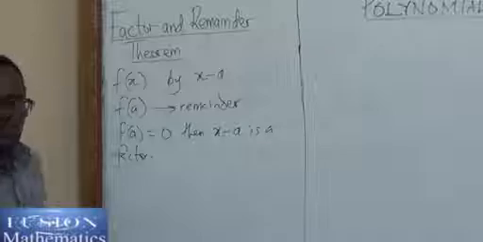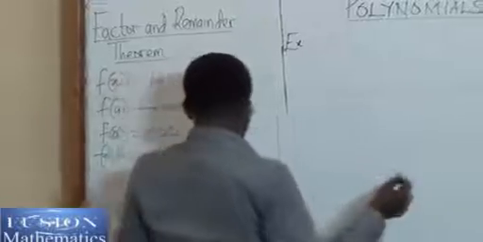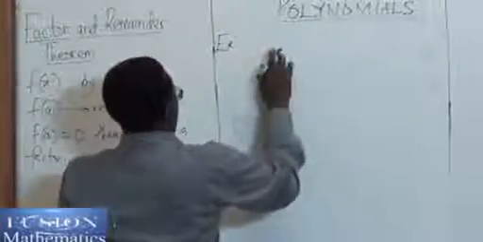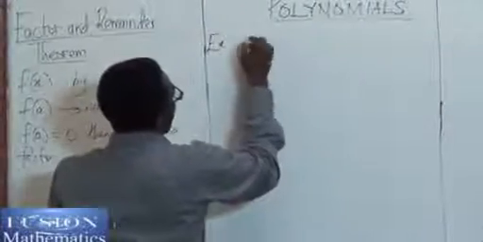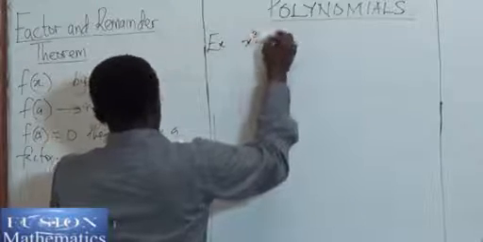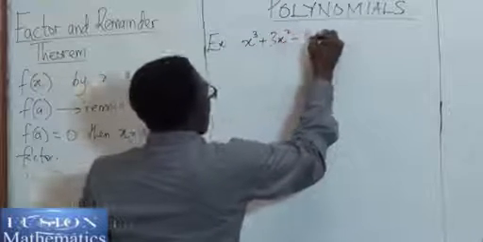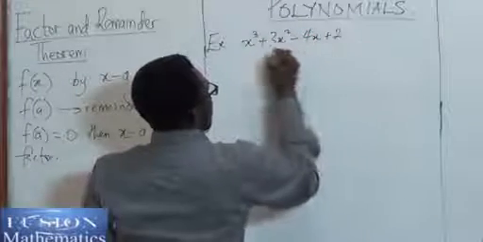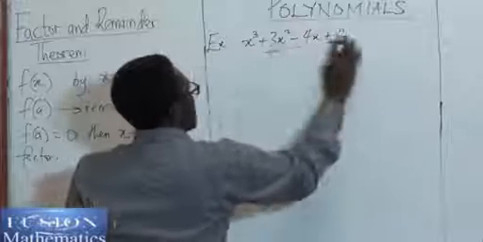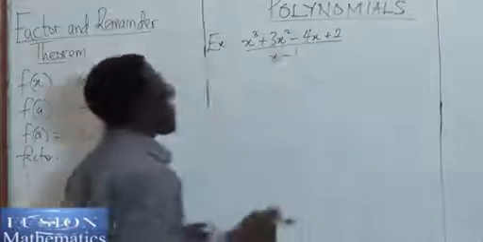Let's use an example to explain this. For example, we have x cubed plus 3x squared minus 4x plus 2 being divided by x minus 1.